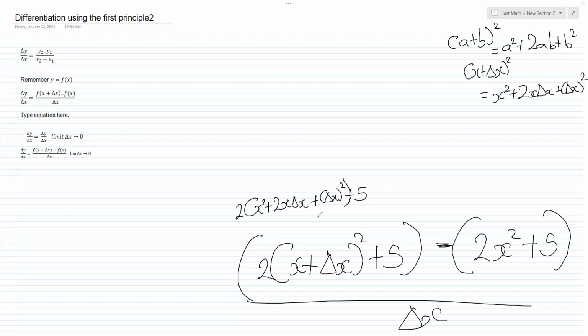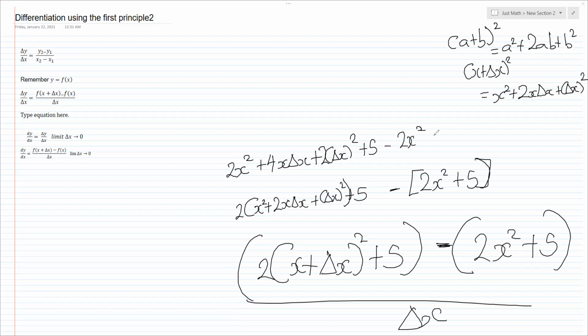Okay, then minus 2x squared plus 5. So let's do the numerator first. Now, when we open this bracket, everything is going to be negative, right? So we have 2x squared plus 2 times 2, that's 4x delta x, plus 2 delta x all squared, plus 5, minus 2x squared plus 5.